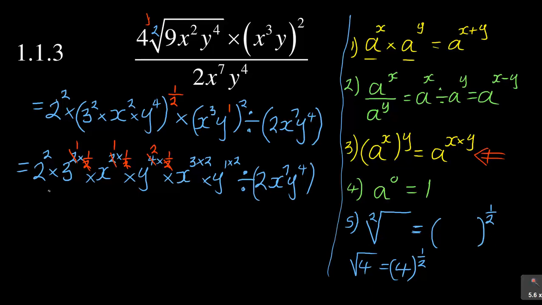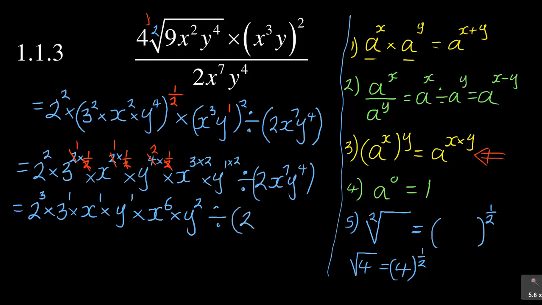So if I simplify it, it will be 2 to the power of 3 times 3 to the power of 1 times x to the power of 1 times y to the power of 1 times x to the power of 3 times 2 is 6 times y to the power of 1 times 2 is 2, and then it's divided by, in bracket, 2x to the power of 7 y to the power of 4, still maintaining the bracket.